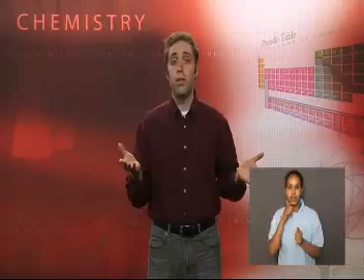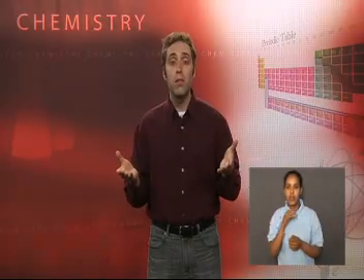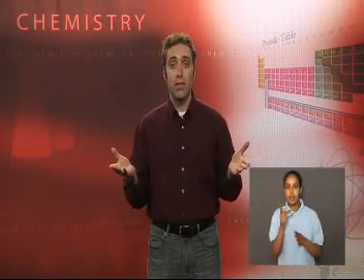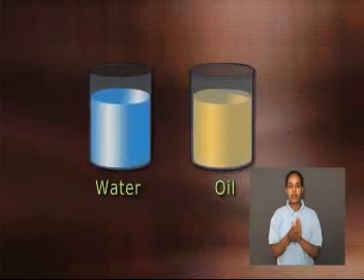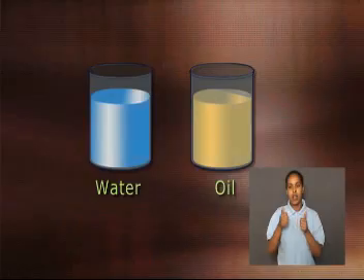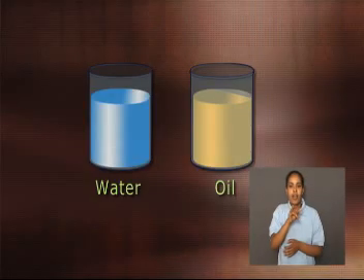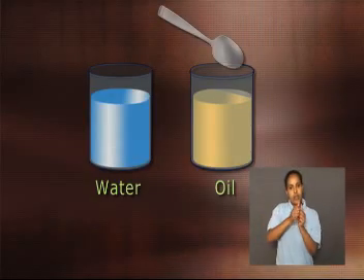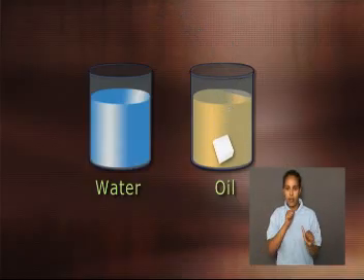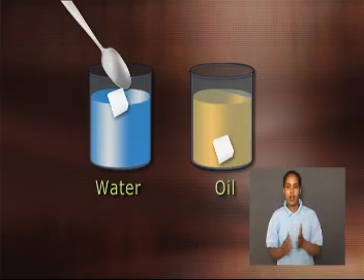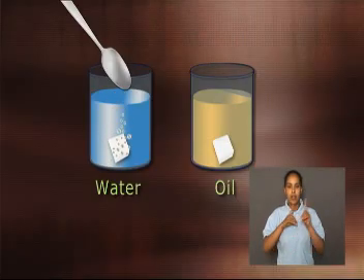Therefore, the solute and the solvent particles do not mix. For example, sugar, which has molecules that are tightly bound together by hydrogen bonding, is not soluble in solvents like oil. Sugar does dissolve in water, though.